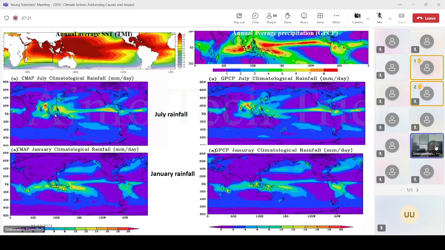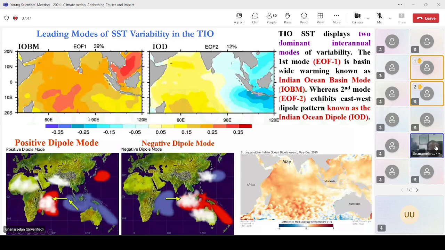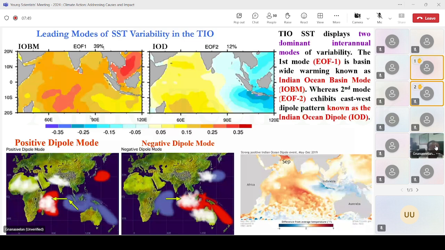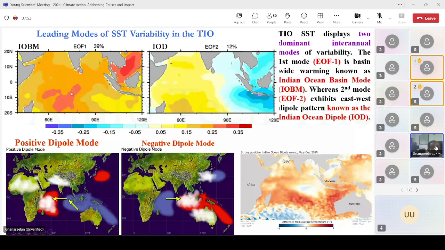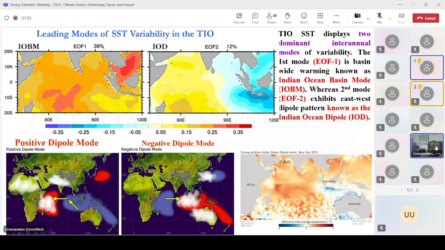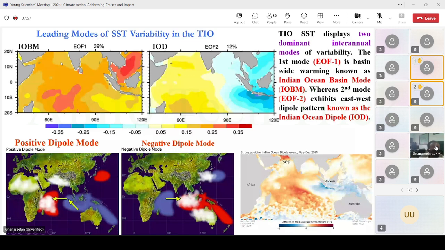Yesterday, Arindam had talked about the changing ENSO pattern and the ENSO monsoon teleconnections and the different mechanisms. Today, I'll be talking about the tropical Indian Ocean variability, mainly the Indian Ocean dipole and the associated mechanisms and teleconnections.